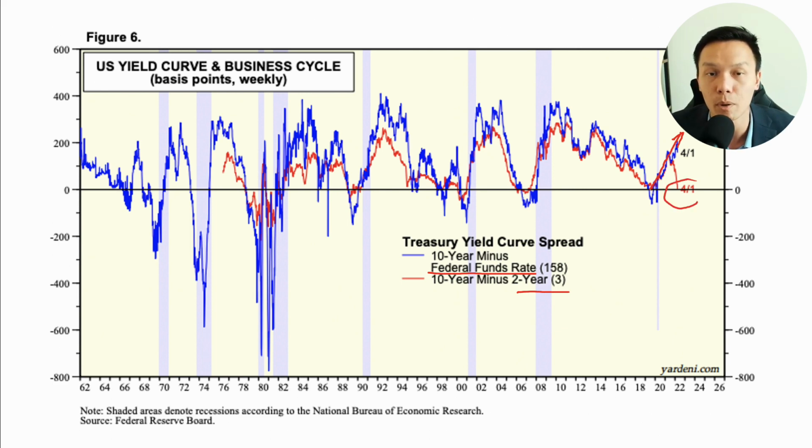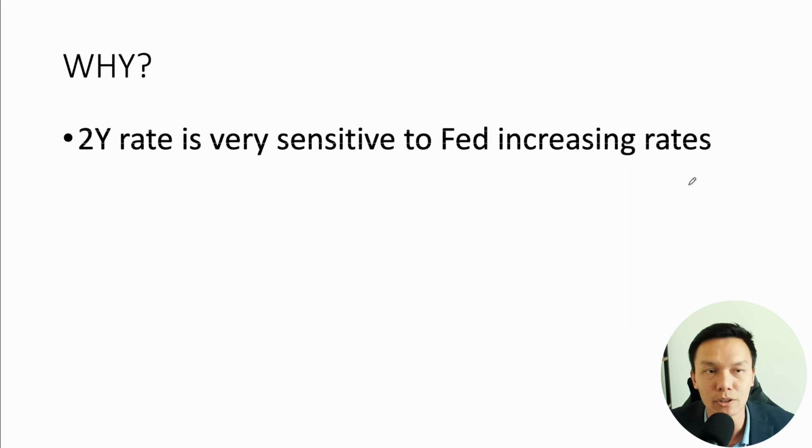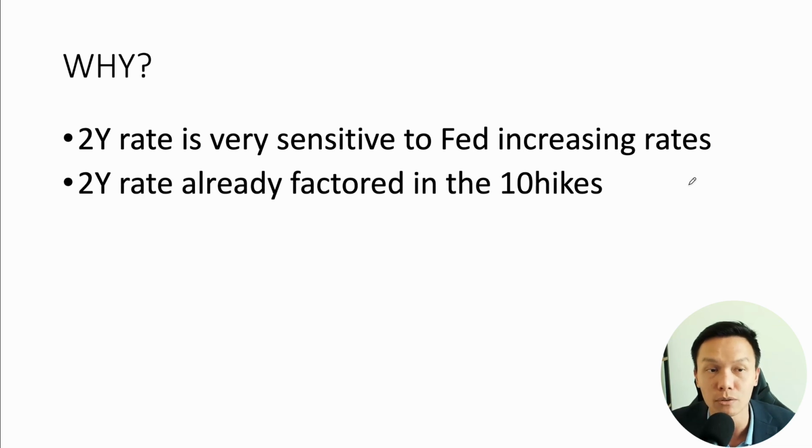Whereas the 2-year bond yield has already factored in all the potential rate hikes. So the 2-year bond yield is very sensitive to any mention of the Federal Reserve raising rates. And right now, the 2-year bond yield has already factored in 10 hikes.